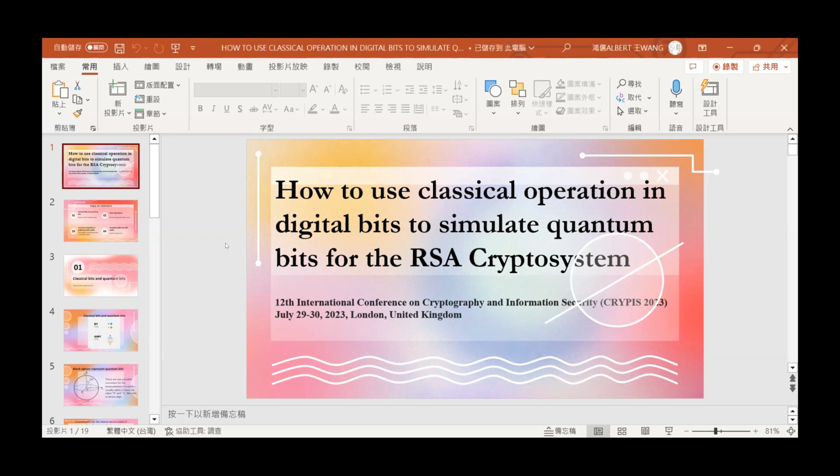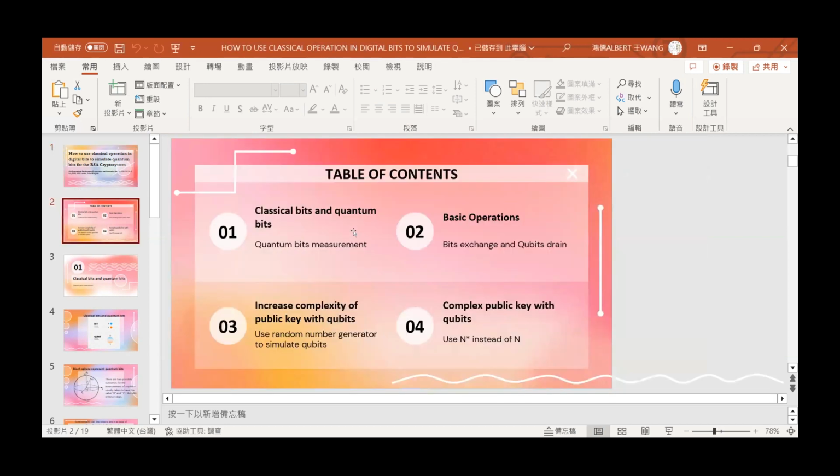As we know, there are four parts for the classical bits and quantum bits. We focus on quantum bit measurement. The second part is the basic operations for bit exchange and quantum bit strain that would eliminate the quantum information. Third, we can increase the complexity of the public key with quantum pieces, using a random number generator to simulate the quantum piece.